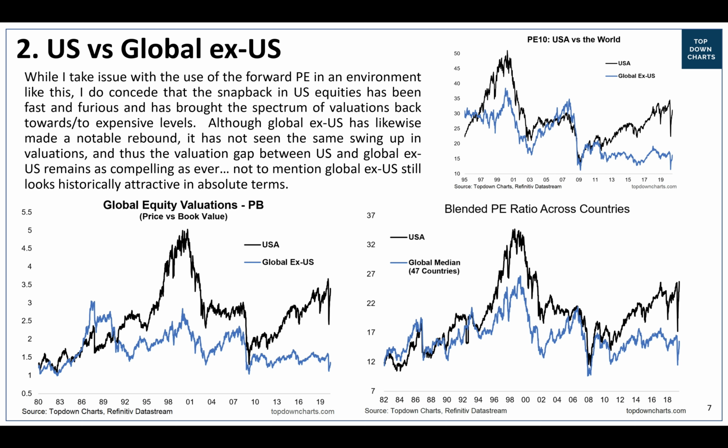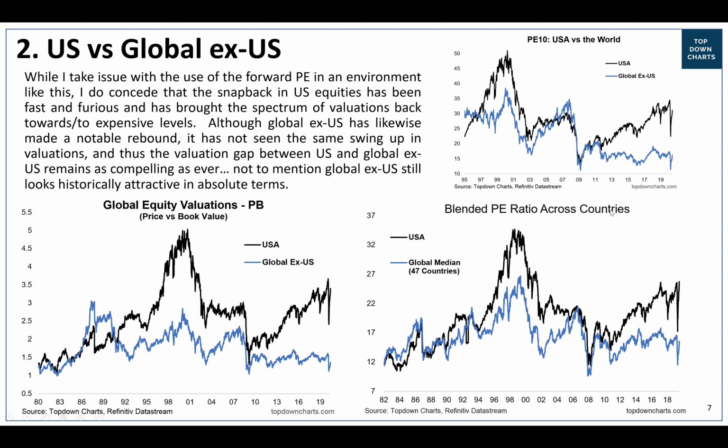Developed ex-US still makes up the dominant portion there. Emerging markets has been growing over time, but developed ex-US is obviously Europe, UK, Japan, Australia, Canada, and then some of the smaller countries as well, and in emerging markets, it's China, India, Brazil, Russia, and so on and so forth.